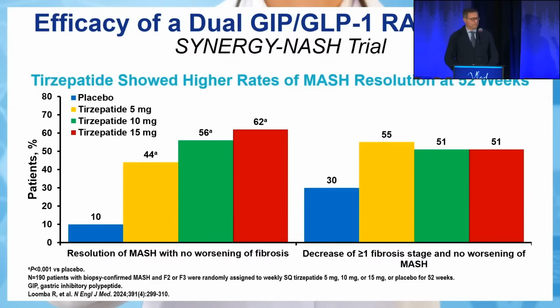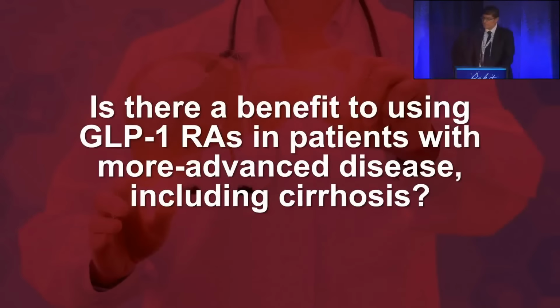Thank you, Vlad. Is there a benefit to using GLP-1 receptor agonists in patients with more advanced disease, including cirrhosis? I think this question came up earlier also. Vlad, what do you think about using this GLP-1 analog in patients who have cirrhosis and have obesity and type 2 diabetes?